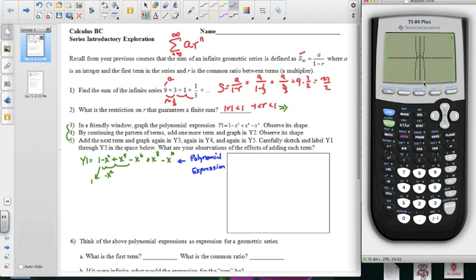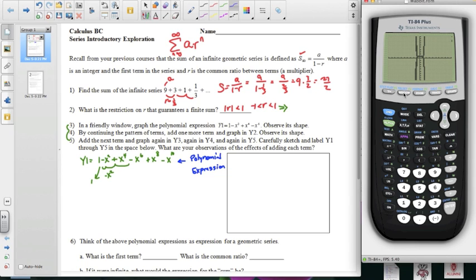Then we get the skinnier U shape next. There it is. And then we get the skinnier W shape, coming down from the top. There it is.